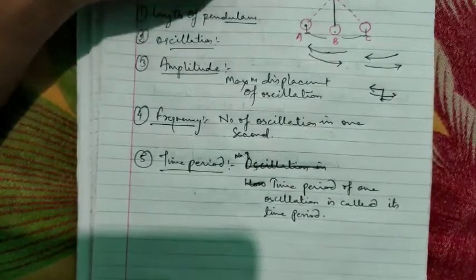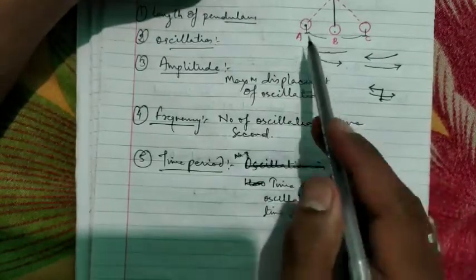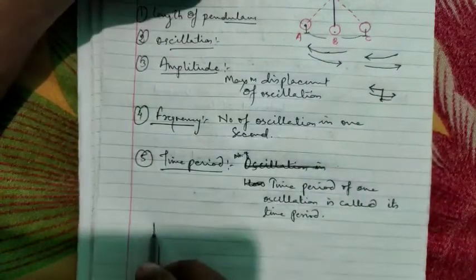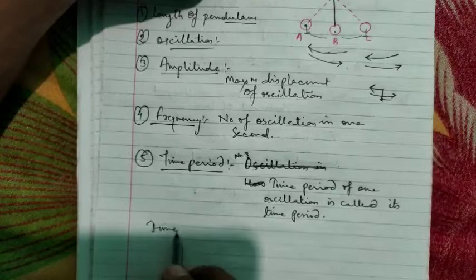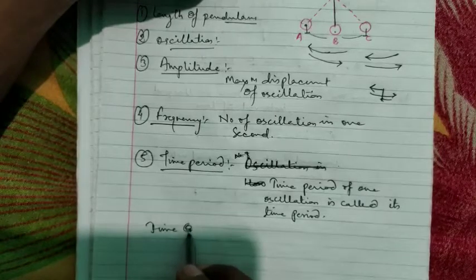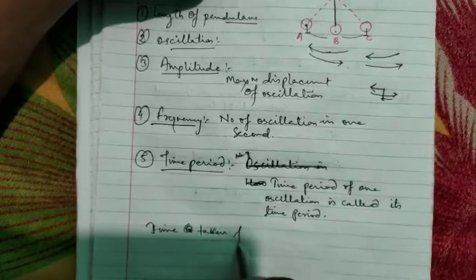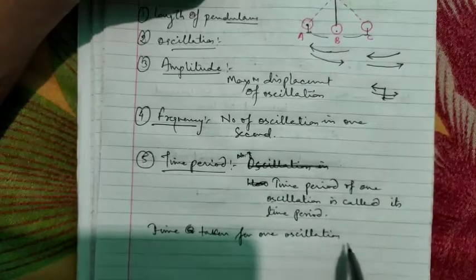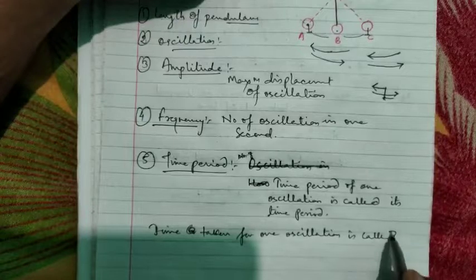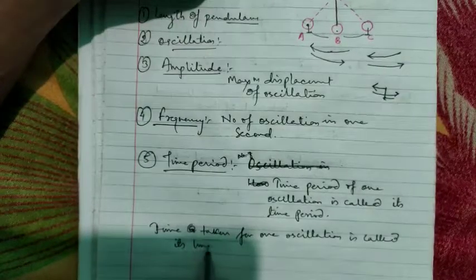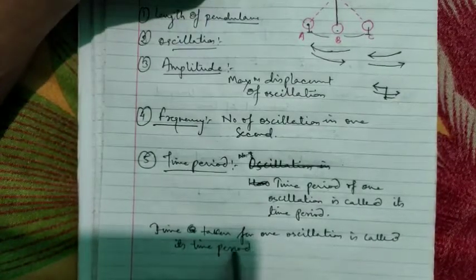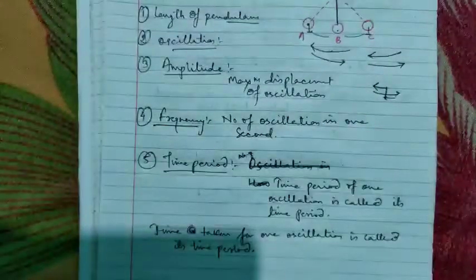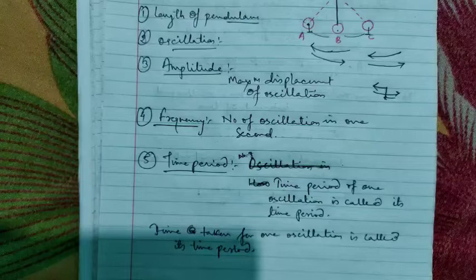It means how much time is taken by the bob to complete one oscillation. We can say that the time taken for one oscillation is called its time period. Hope that this topic is quite clear to you all. Next, we will see the next topic in the next video.